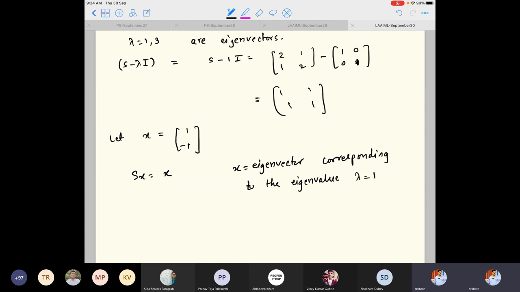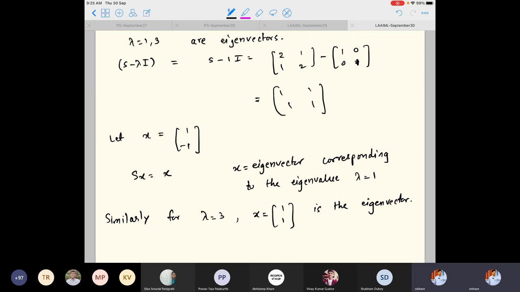And similarly, is this the eigenvector? Can you just check? Is this okay? Yes. That's what is happening.